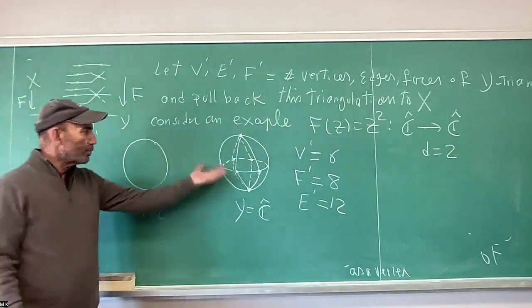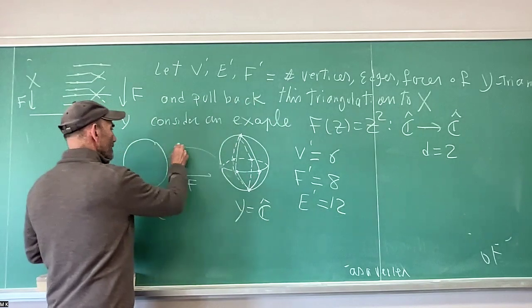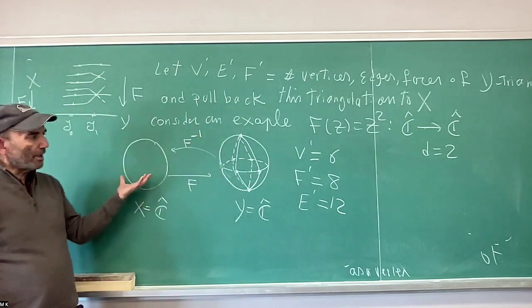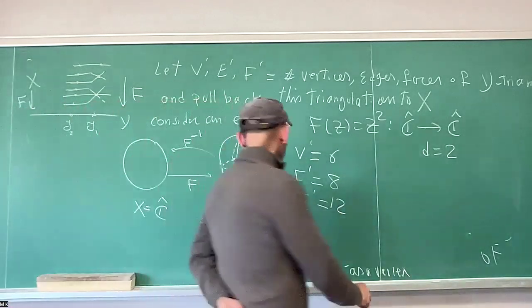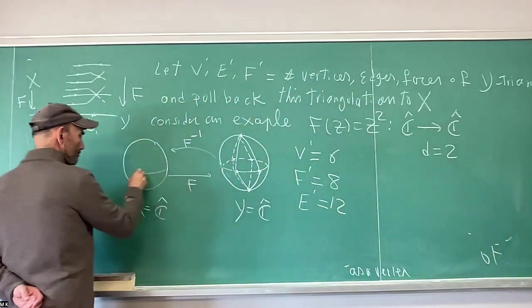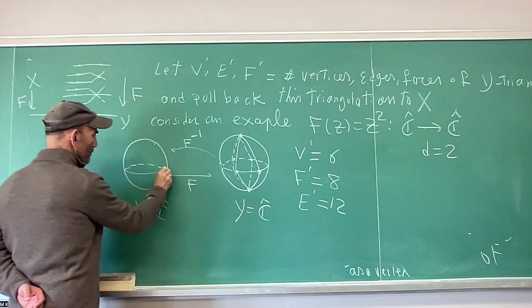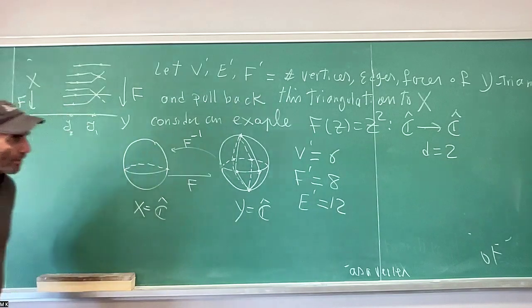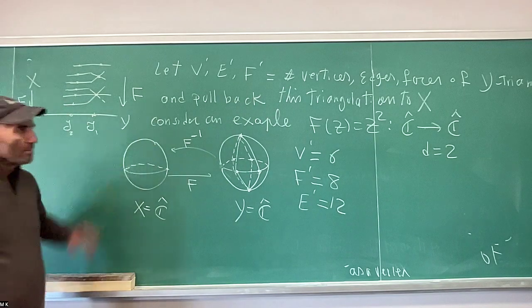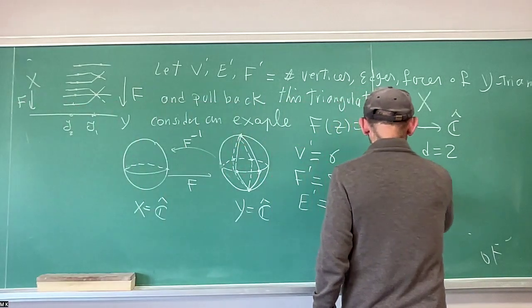So now I pull back. So this is F. I pull back by F inverse, then I'm going to get a triangulation here. So V is what?